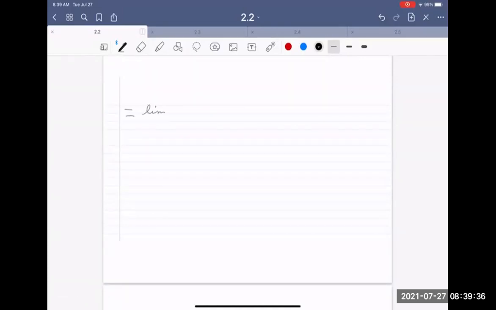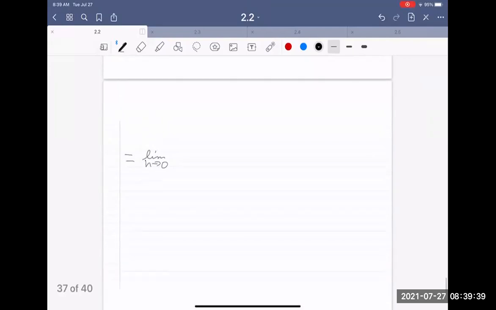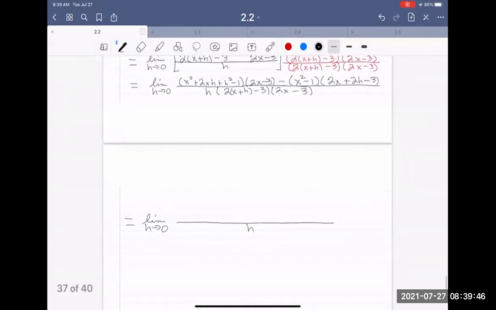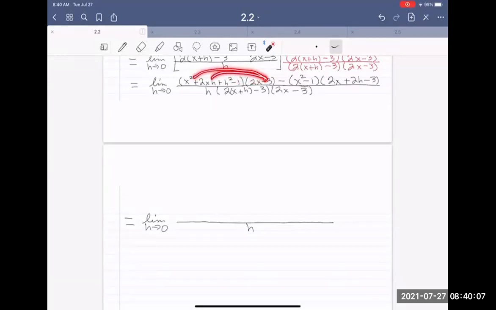the limit as h approaches 0 of, I guess let's multiply this out. Okay, so I'm going to have to multiply this out. Let's multiply each of these by 2x. And then I'll multiply each of these by minus 3.